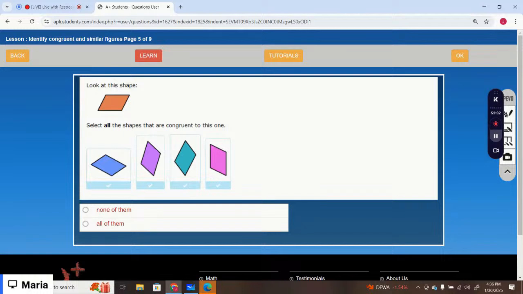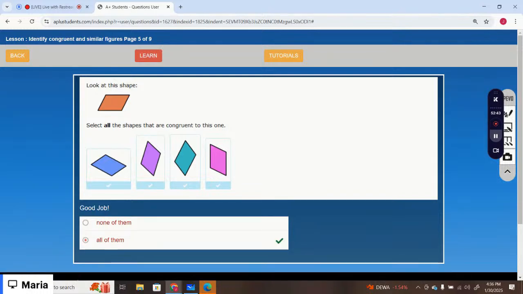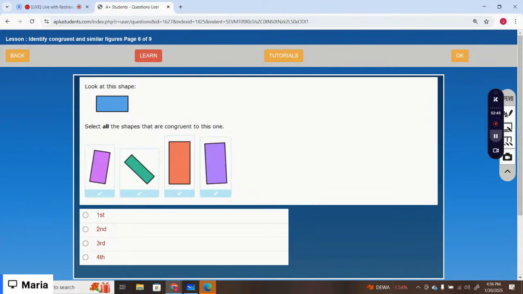Look at this shape. Select all the shapes that are congruent to this one. All of them. Look at this shape.